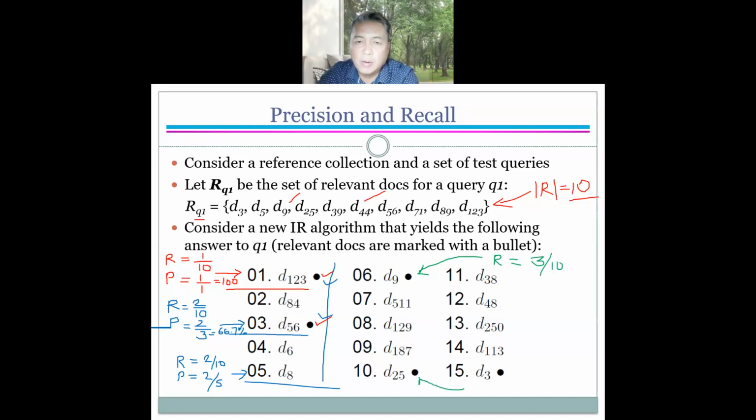When we are here, what is our recall? 4/10, which is 40%. Over here, our recall is 5/10. Okay. At this position, what is our precision?